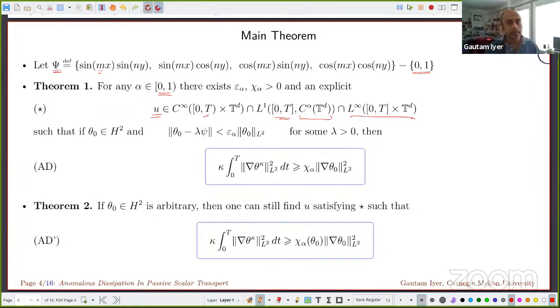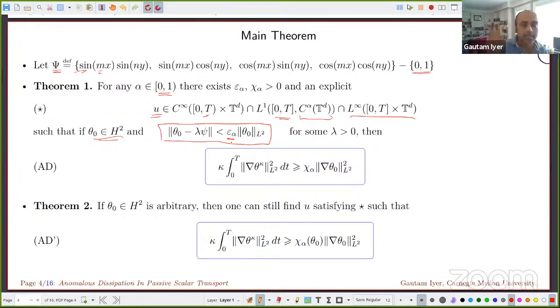So I can find you a velocity field in this regularity class such that if I start with regular, H2 initial data, and I need my initial data to be close to pure harmonics, so if you look at this condition here, it's basically saying I'm in some cone close to the pure harmonics. The width of this cone is dependent on alpha.